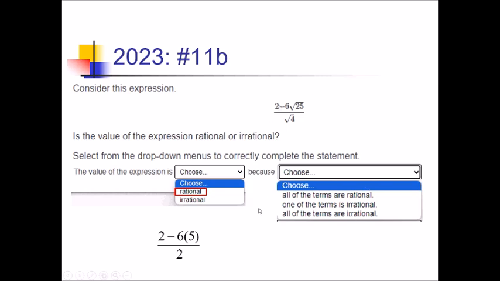And if we look at these square roots, the square root of 25 is not irrational. Since 25 was a perfect square, that turned out to be the rational number 5. The square root of 4 was the rational number 2. So everything in here, after you simplify it, is actually rational. So if all the terms are rational, and you're putting them in a fraction, you end up with something that is also rational. So that's going to be all the terms are rational.